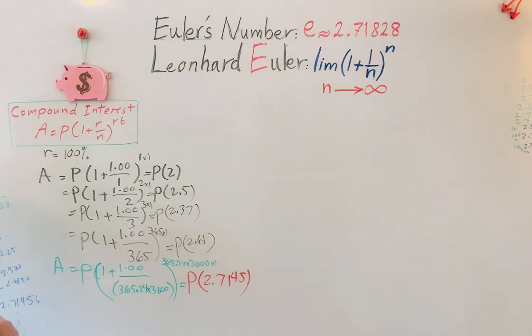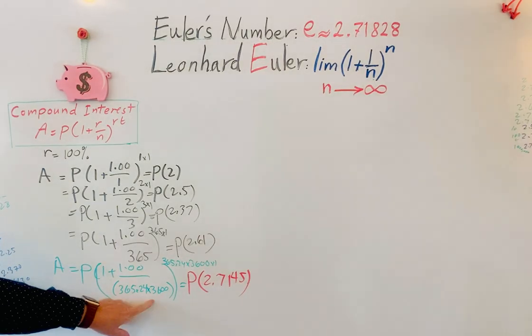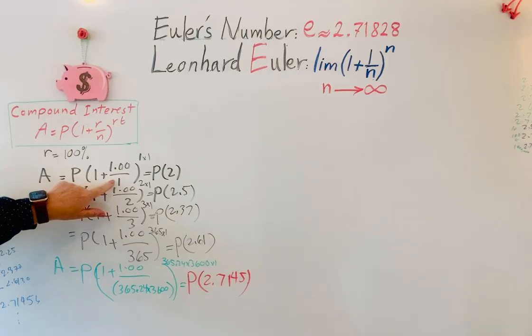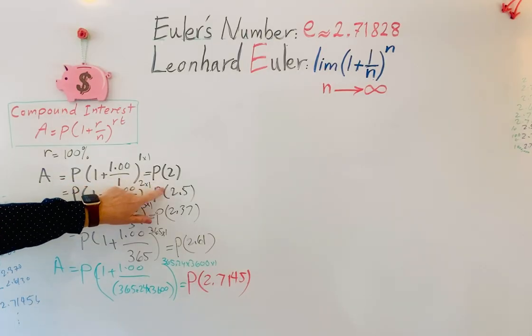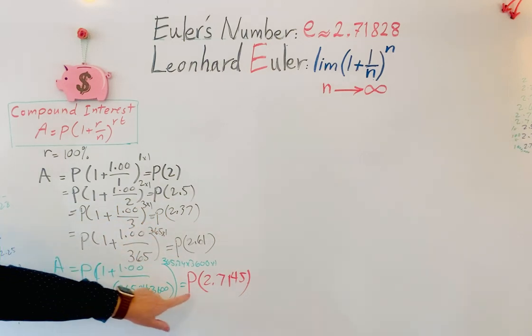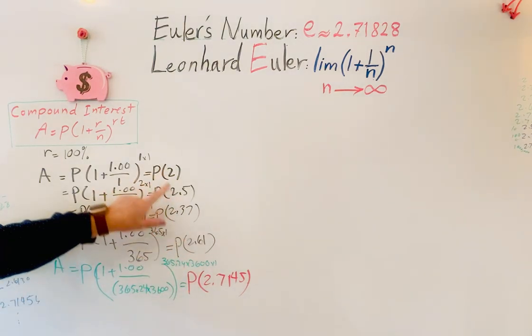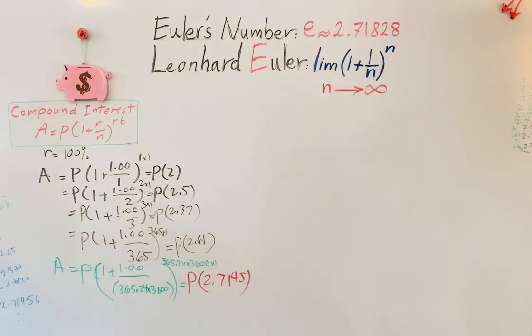People didn't know what happened if the money is compounded once a year. It's very close to 2, and for every second, this is not too much difference between these two. What was the secret behind this?